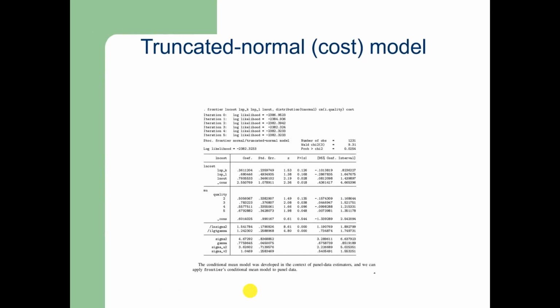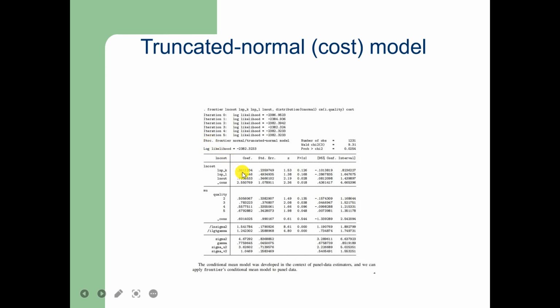And here is the estimated output of the stochastic frontier cost model, which is truncated normal, and we have the conditional mean of the quality. Since there are 5 categories, one is taken as the base category. These are the coefficients of the cost model.